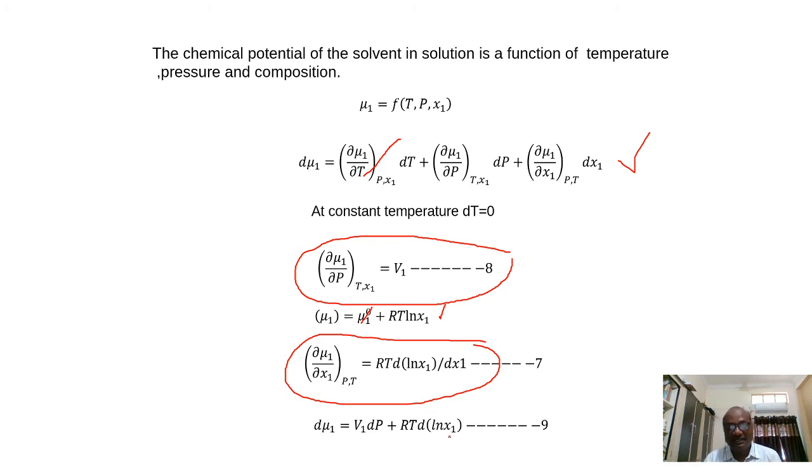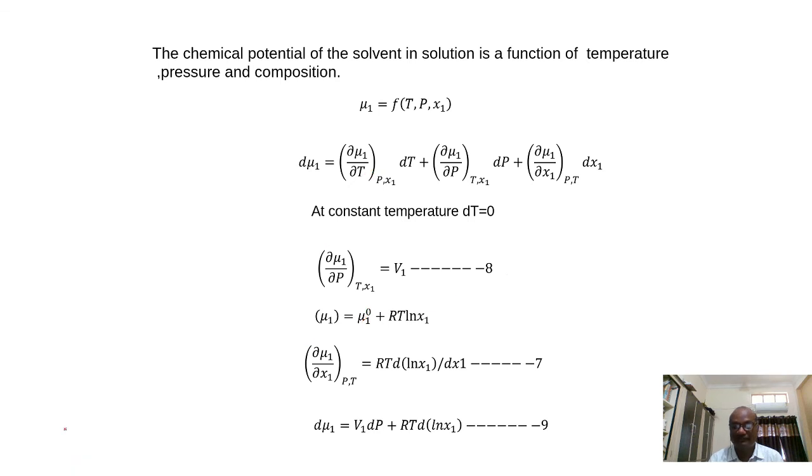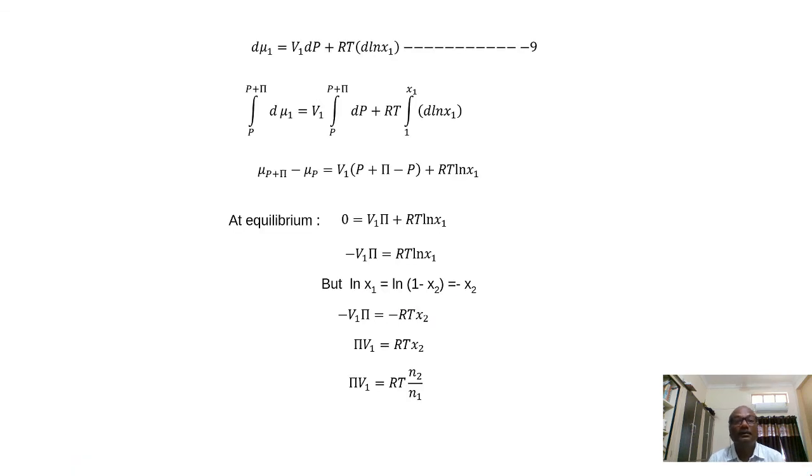So what is the equation we finally got? dμ1, the change in the chemical potential of the solvent, is equal to V1 dP plus RT d ln x1. That is the change in chemical potential of the solvent in the solution. Let us integrate this equation, equation number 9, within the limits.